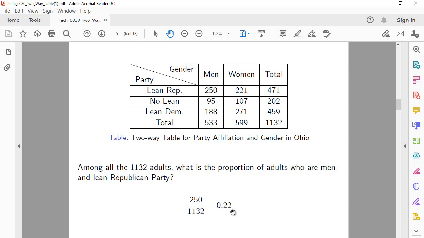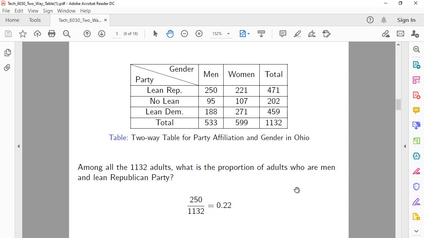Now, as a percentage, this is 22%. If you multiply this number by 100, you get the percent, and 22% of the adults were men and leaned toward the Republican Party.